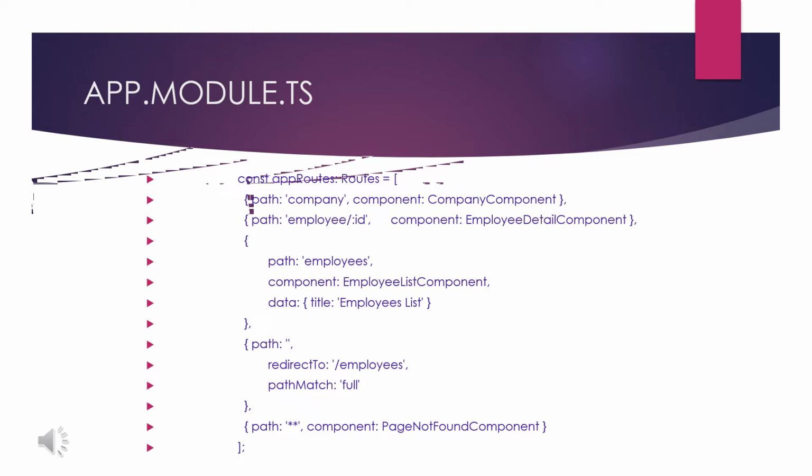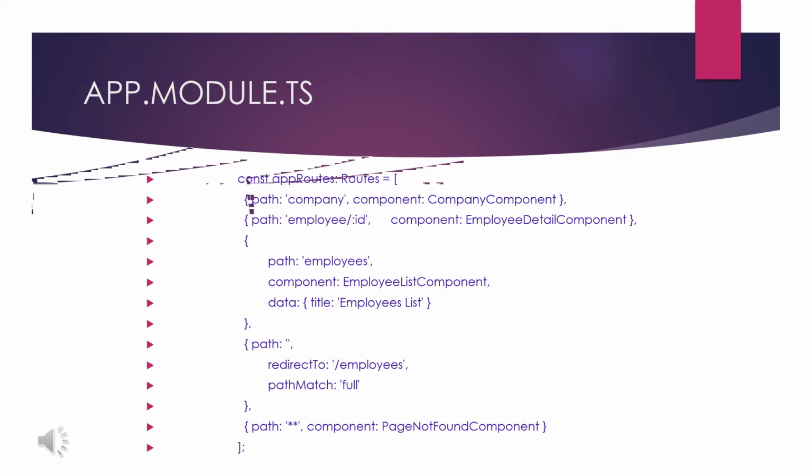First, I am declaring a constant appRoutes so that I initialize these routes inside appRoutes. Inside these routes, I have given a set of parameters. First, I declare a component. The first component name is CompanyComponent, and it has a path.